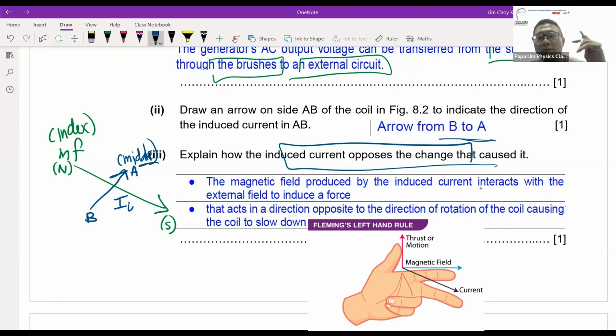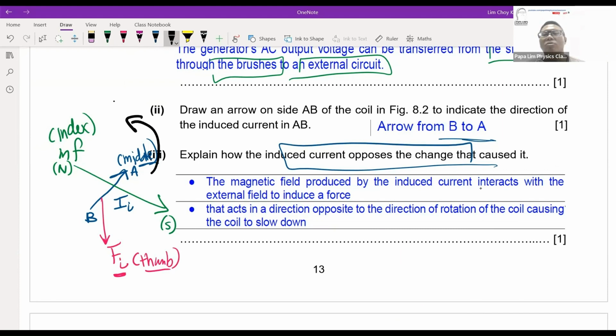If you use Fleming's left-hand rule, you will find that the force induced, which is your thumb, will be pointing downwards. Remember, you are using Fleming's left-hand rule. This will be opposing the motion. The motion you're looking at is the rotation, which is anti-clockwise, which is actually the upwards direction. But your force induced due to your induced current is actually downwards.